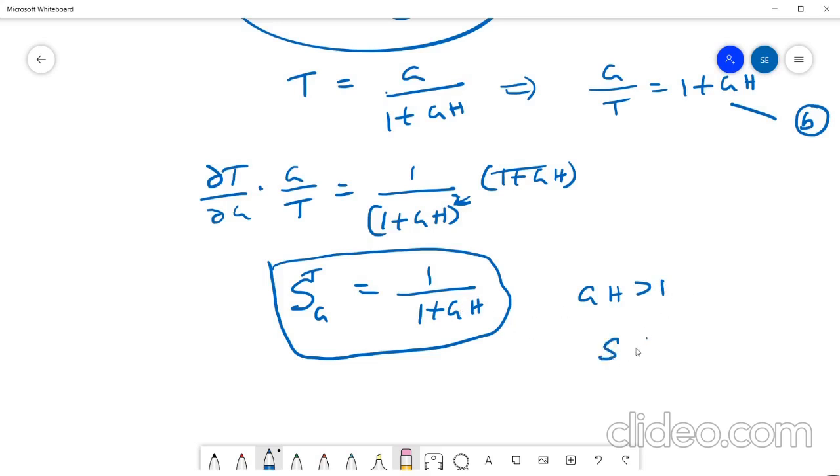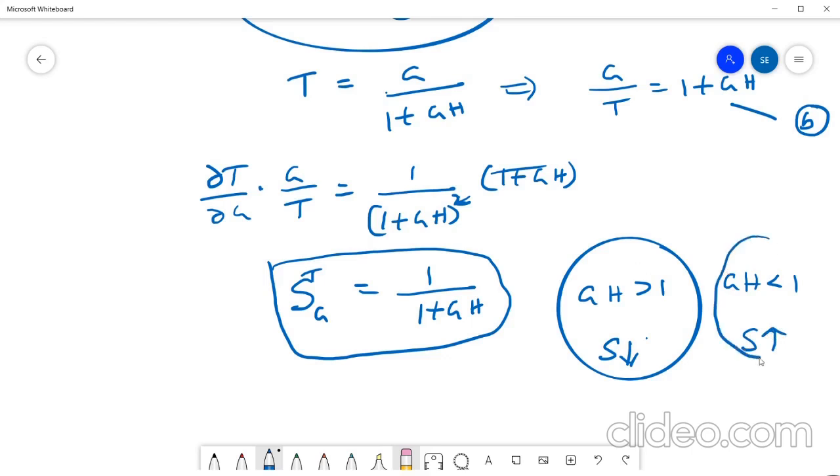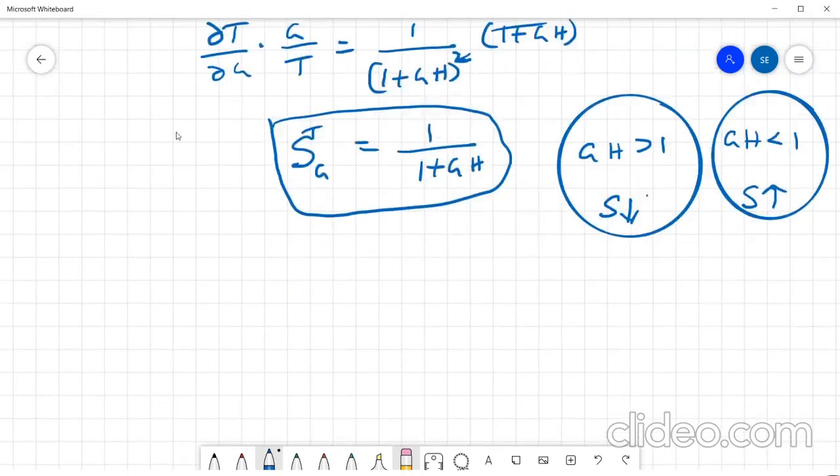And if GH is less than 1, overall sensitivity will go high, right? So this is how the feedback will affect the sensitivity. Feedback gain will affect the sensitivity, right?